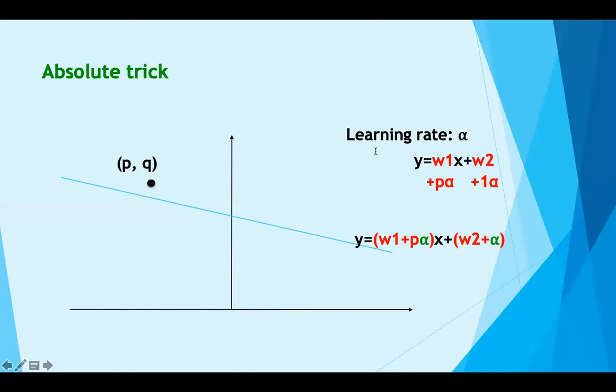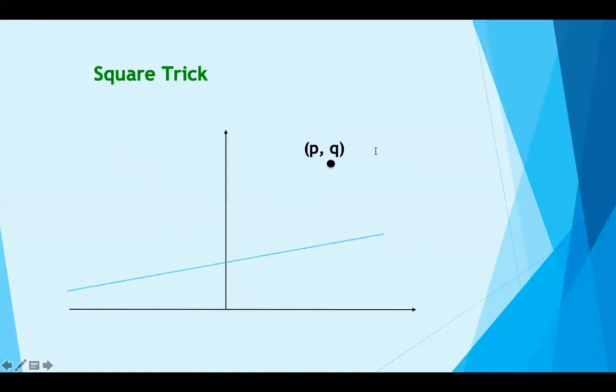Now let's see another trick that will help move the point closer to the line, and it is very similar to the absolute trick. If the point is close to the line, then this distance is small, the distance from this point to the line is small, and we want to move the line very little.